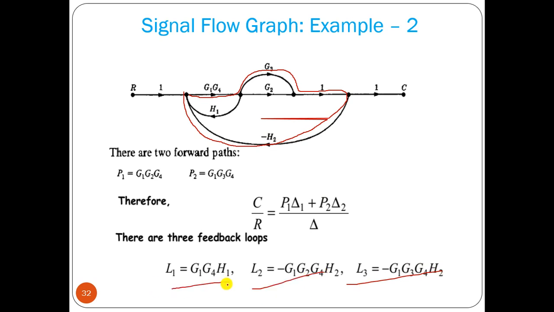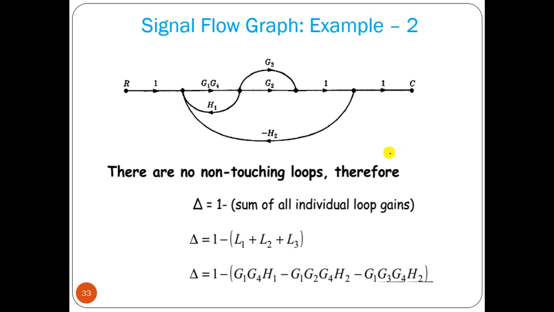Now we have to find the non-touching loops. We can see loop 1 is touching loop 2 and also loop 3. All the loops are touching each other, so there is no non-touching loop. So delta equals what? 1 minus the sum of all individual loop gains.